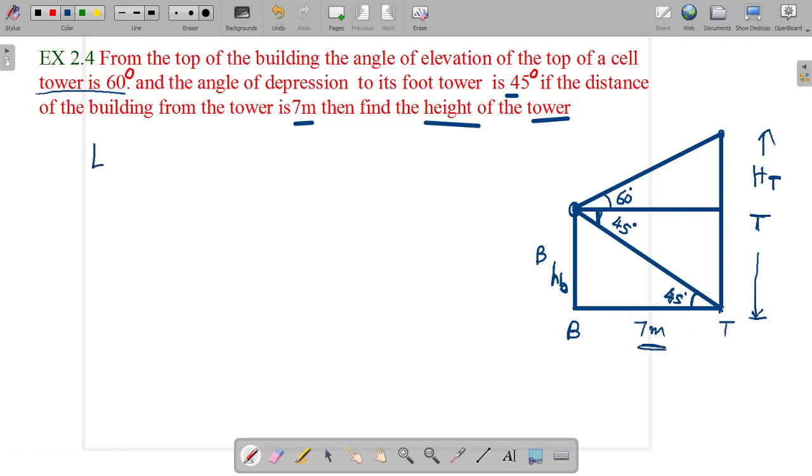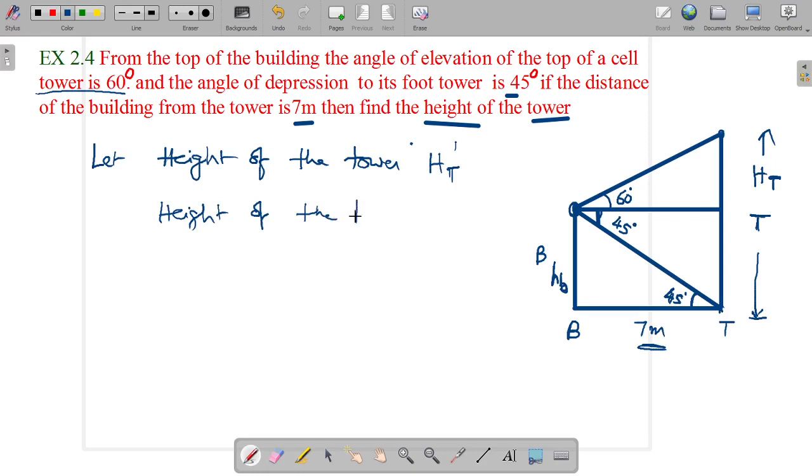First, let's assume the height of the tower is HT and the height of the building is small hb.